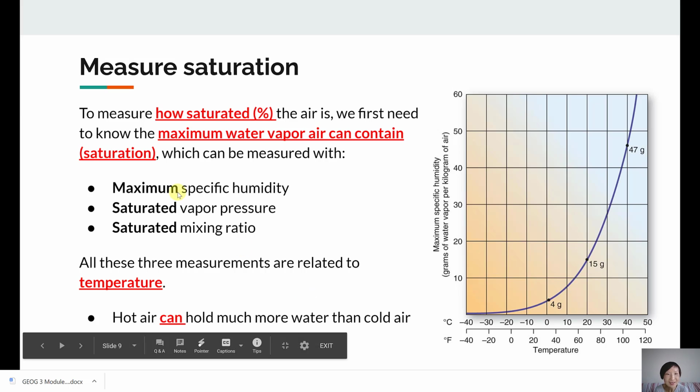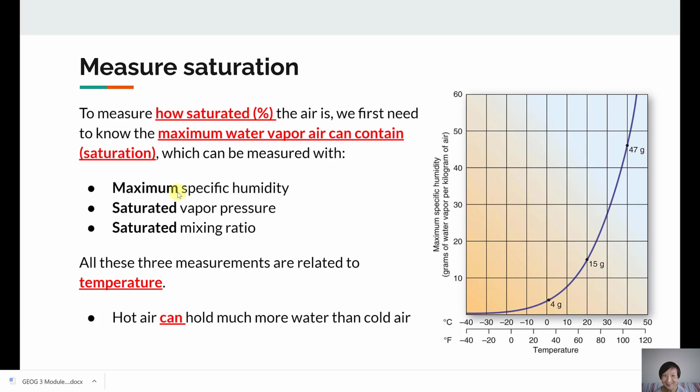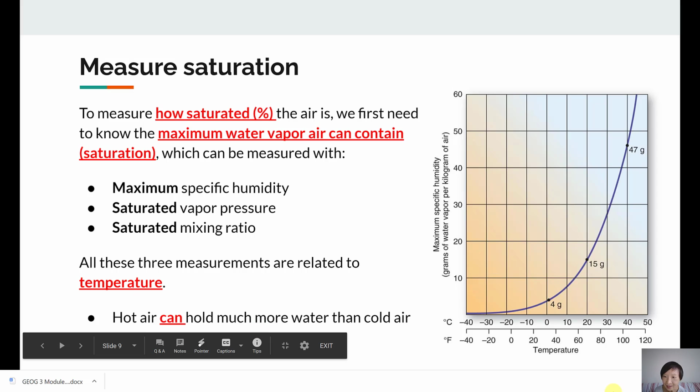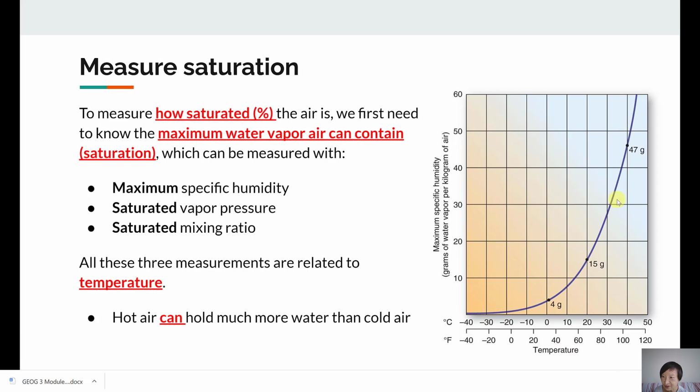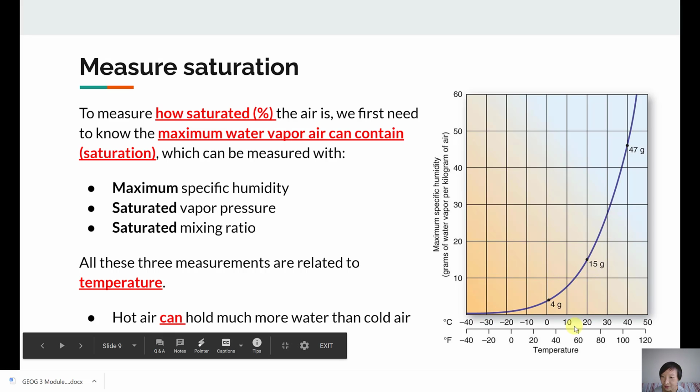All right, and then saturation is basically the maximum amount of water our air can hold. The maximum amount is directly related to temperature. You can use this chart to look it up. It's a fixed relationship. For example, at 0 degrees Celsius or 32 Fahrenheit, approximately that is 4 grams.